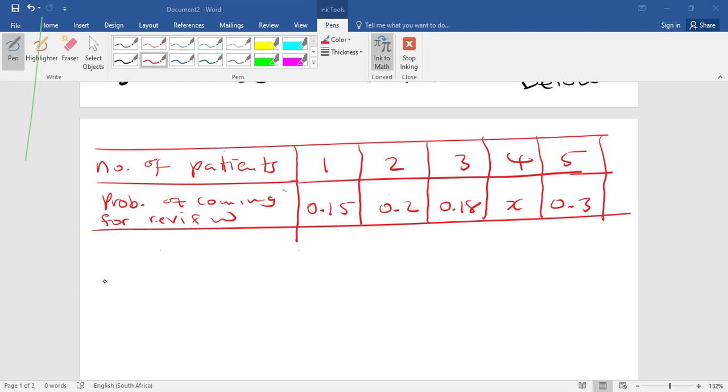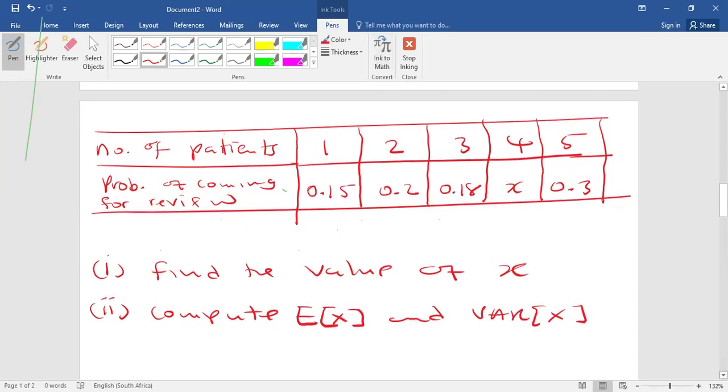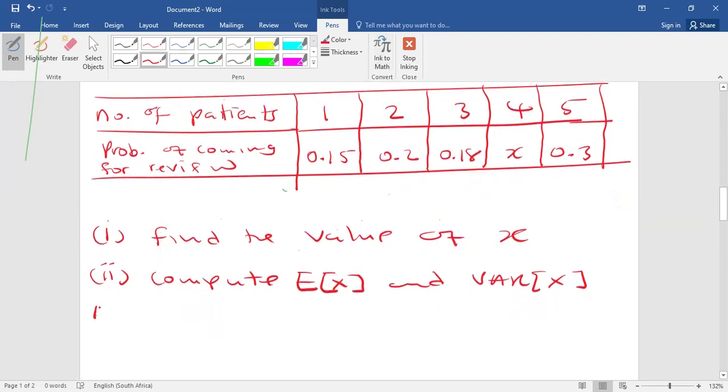Questions. Number 1, find the value of X. Number 2, compute the expected value and the variance of x, which we know. Then number 3, now we can apply what we were learning.